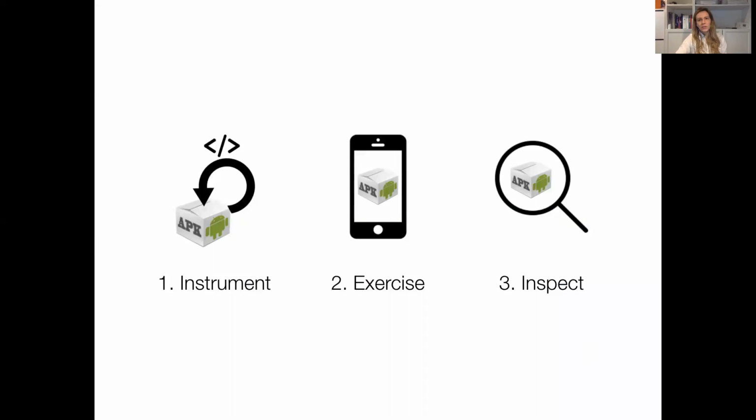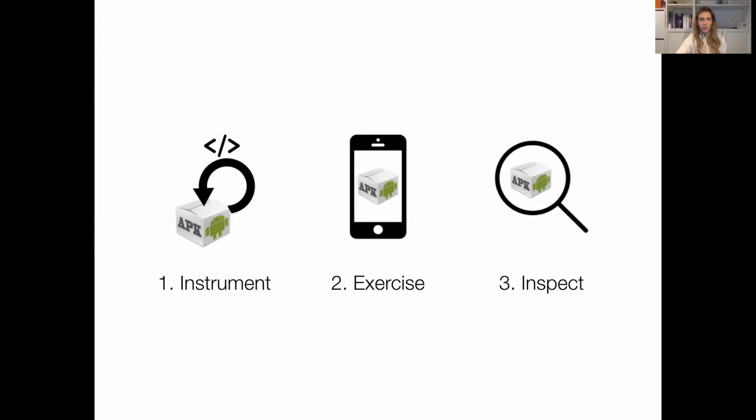And to answer this last research question, we resort to manual analysis. So we manually explore instrumenting the app, running it, and tracing the network traffic from the device. We did this work for roughly 400 samples that we randomly selected.